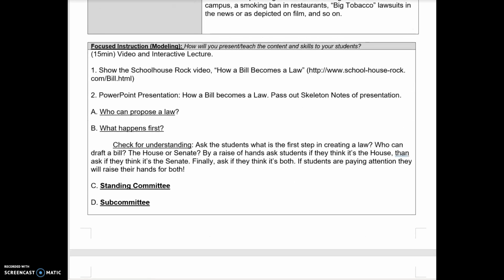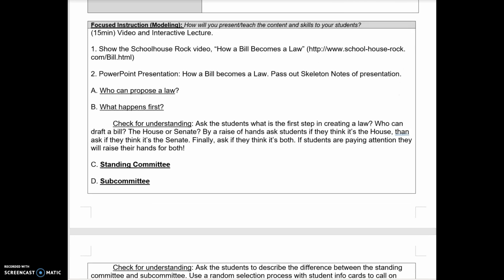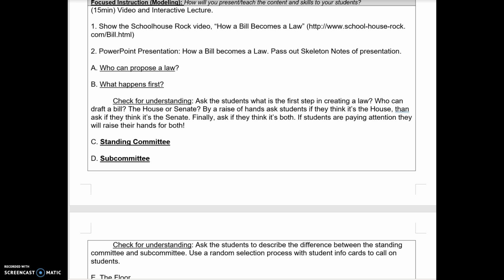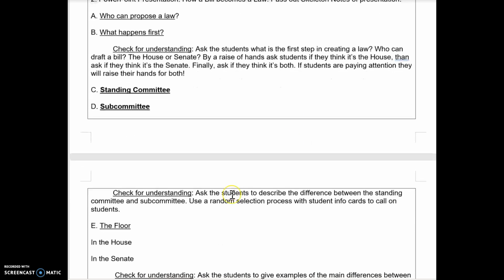Moving on to focused instruction, we'll start off the modeling part of the instruction with the iconic Schoolhouse Rock video, How a Bill Becomes a Law, one of my favorite videos of all time. And then we will move on to the PowerPoint presentation of how a bill becomes a law. This should take about 10 to 15 minutes, but notice how there is a check for understanding embedded within the lecture.